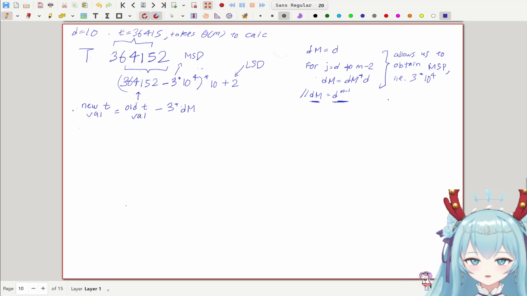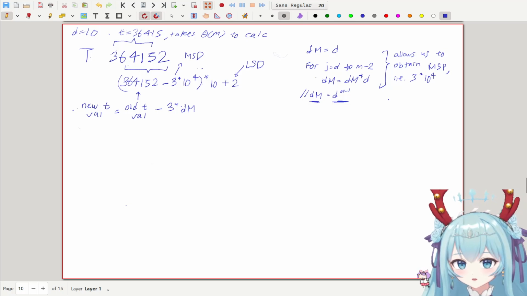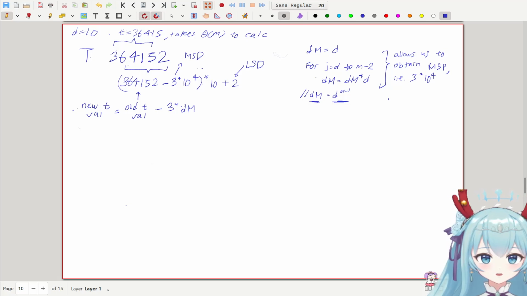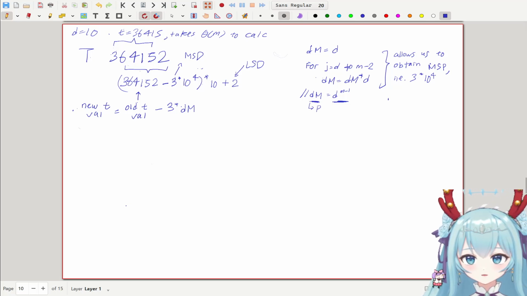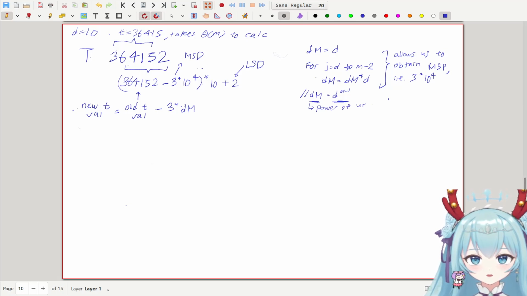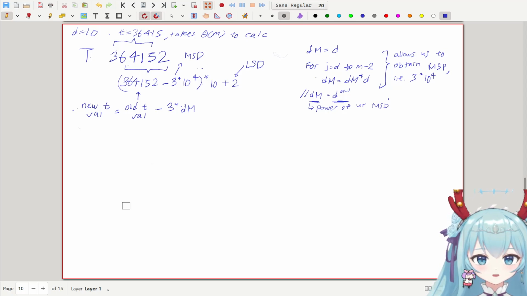Now maybe I'll also draw it out here as well. So d of n is the power of your most significant digit.